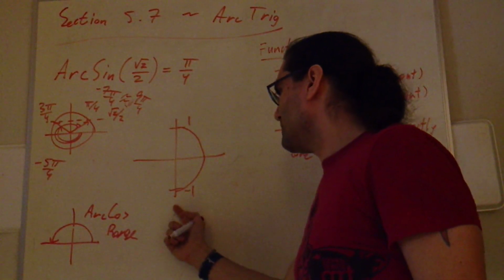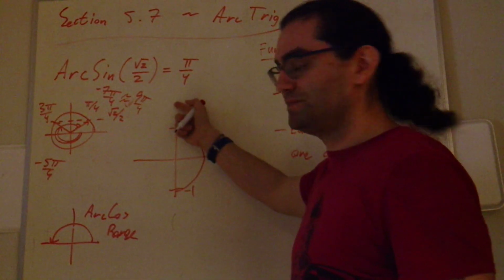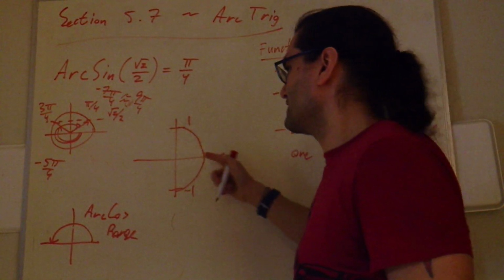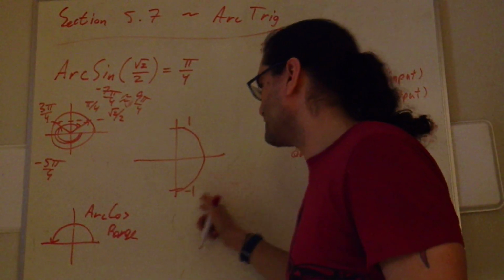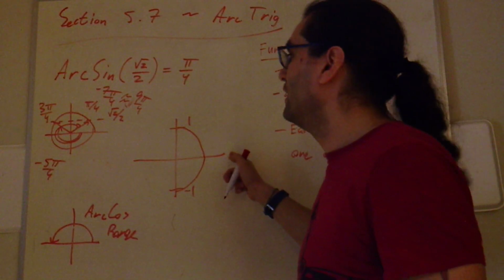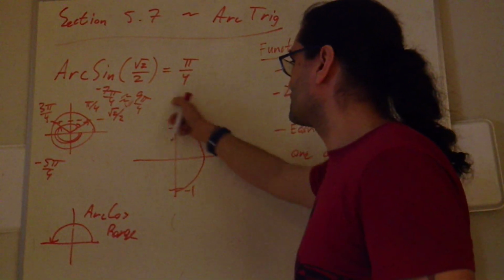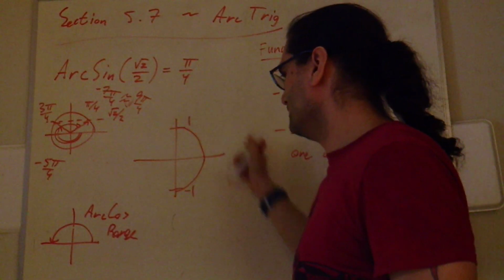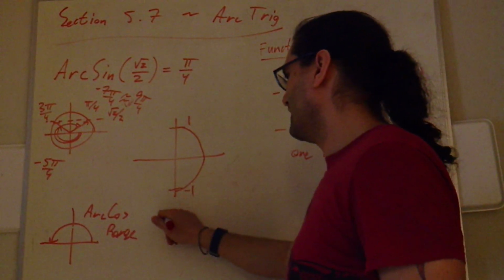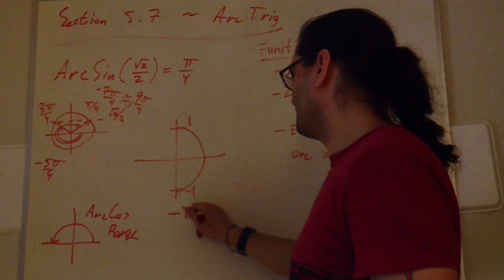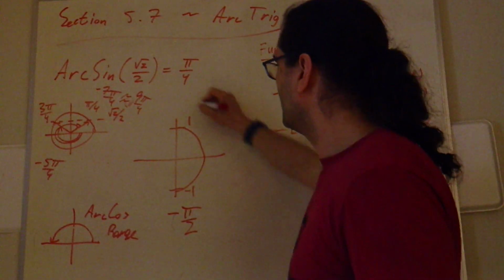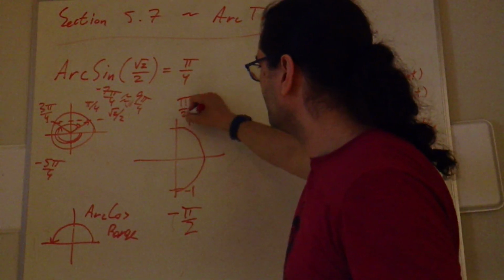I want this to be one continuous segment. So I don't want this to be 0 to 90 or 270 to 360. I want this to be one continuous chunk of angle. So I'm going to say that it goes from negative pi over 2 to positive pi over 2.